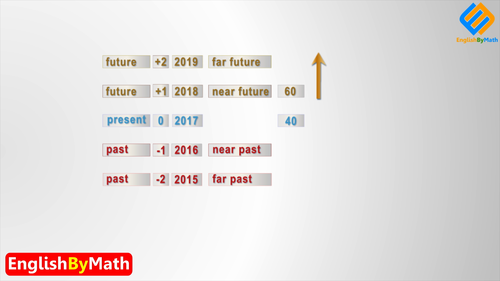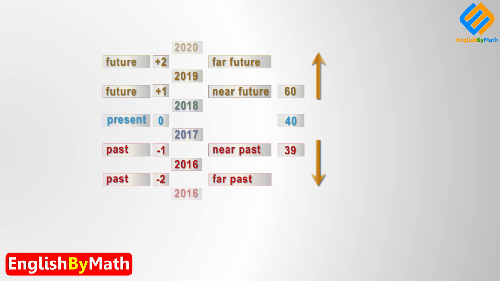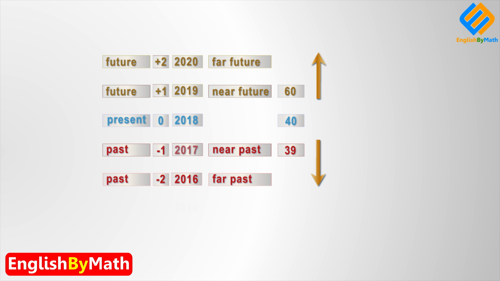The time he spent already is 39 years. In 2018, John's balance will be reduced by 1 year to 59 years, and his lost time will increase by 1 year to 40 years, and he will be 41 years old.